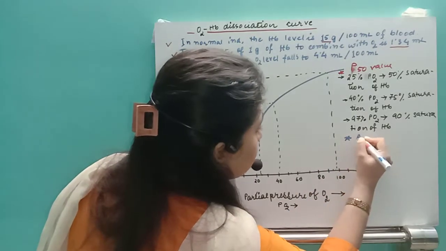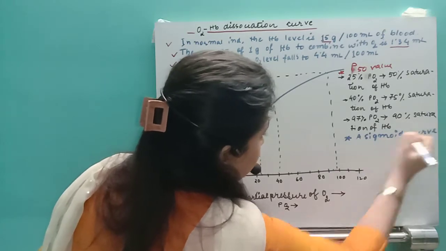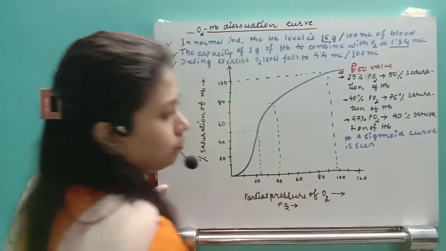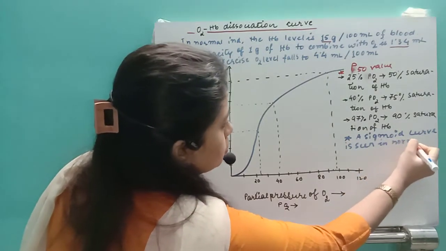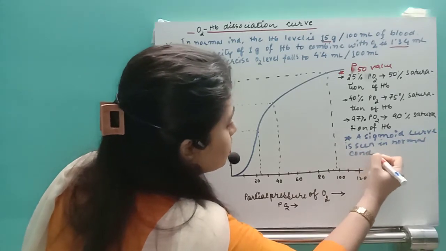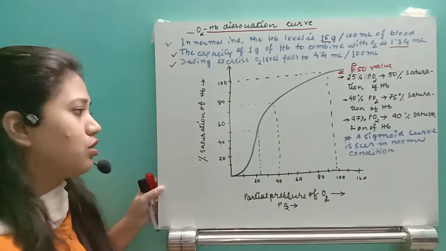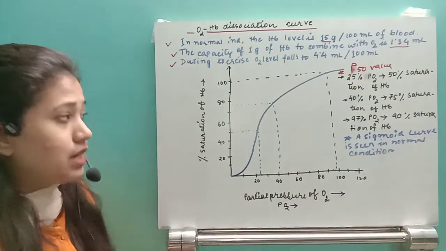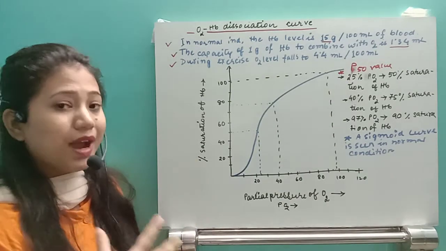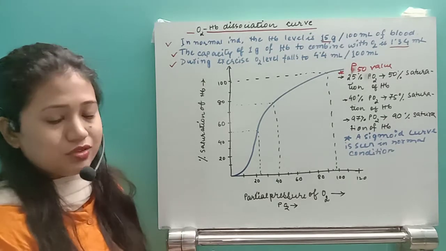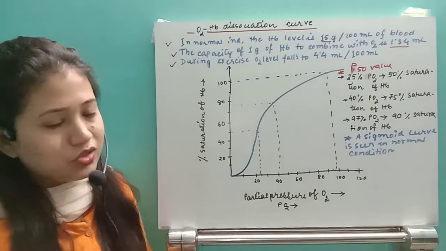Here you can see a sigmoid curve. This is in normal conditions, that means in a normal adult individual who doesn't have any disease or respiratory problem, the percentage saturation of hemoglobin at each oxygen level will show an S-shaped or sigmoid curve.